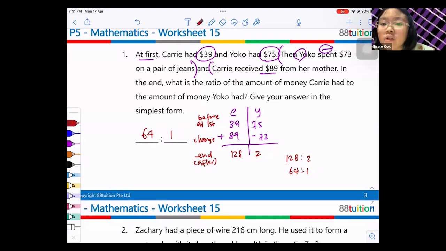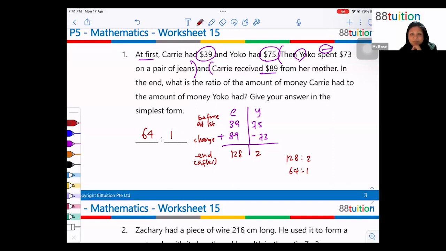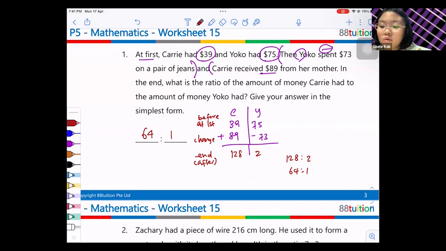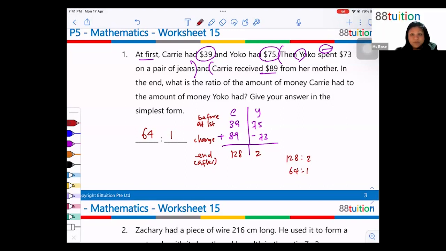Wait, but for the working for question 1, I usually use like C, then like .y. Because this is an actual value, so we don't need to use the dot. You can if you want to, not a problem. You can actually use this C .y 39, 75. Then plus 89.